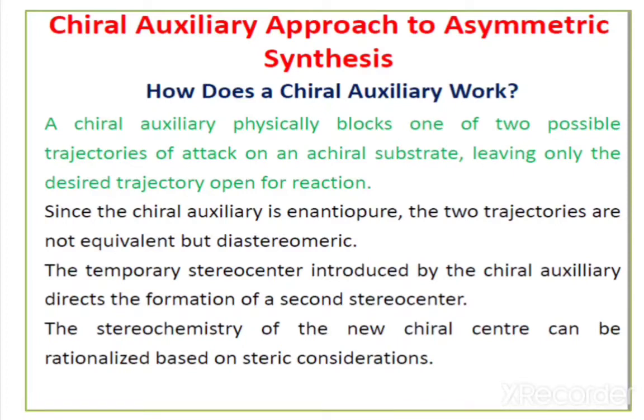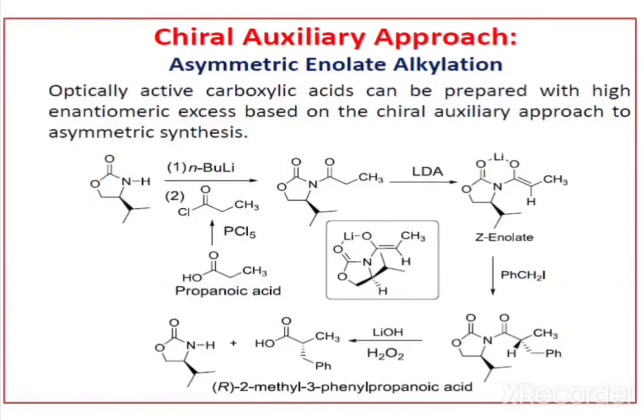The temporary stereocenter introduced by the chiral auxiliary directs the formation of a second stereocenter, and the stereochemistry of the new chiral center can be rationalized based on steric considerations. This is the actual working of a chiral auxiliary.